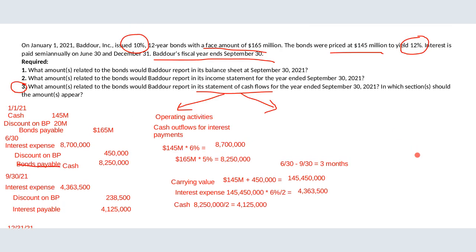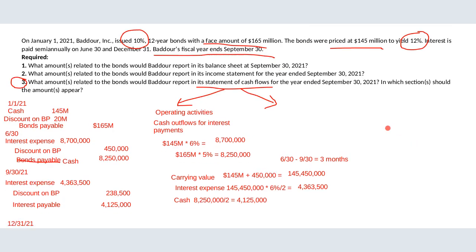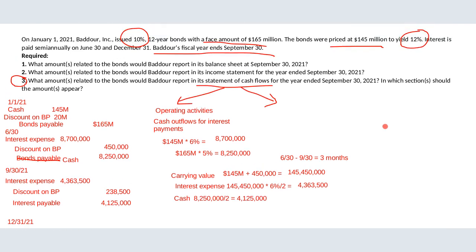And now we can answer the question. So they asked us what would be the carrying value on September 30. So the carrying value of the bond will be the 145 million plus 450 plus 238,500.